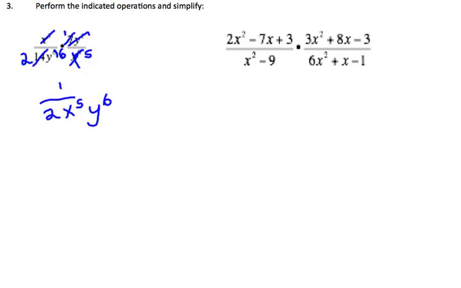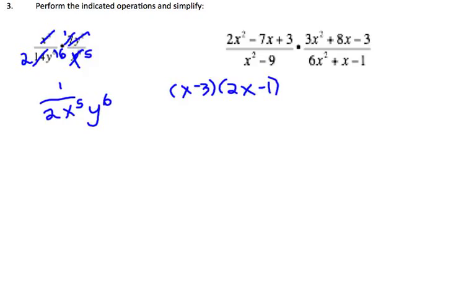Okay, moving over here, I now have expressions that need to be factored. So when I look at the first one, 2x squared minus 7x plus 3, that factors to x minus 3 times 2x minus 1. Remember, what I was doing here was, because there was no GCF, I took 2 and multiplied by 3.